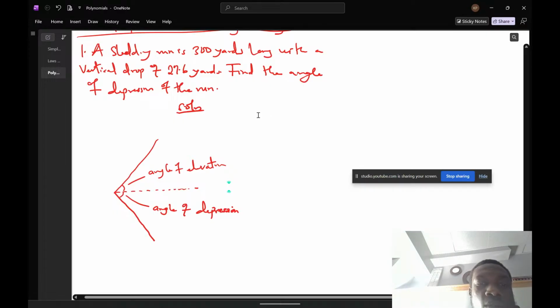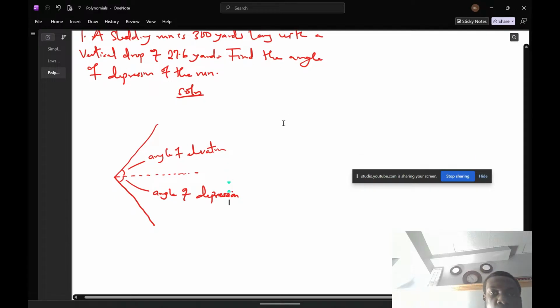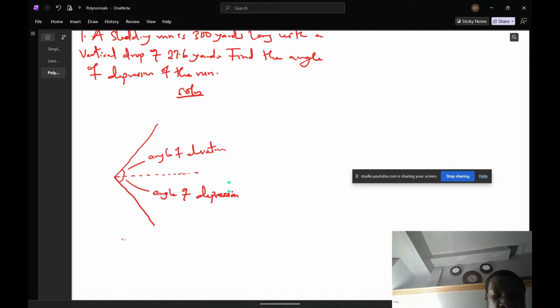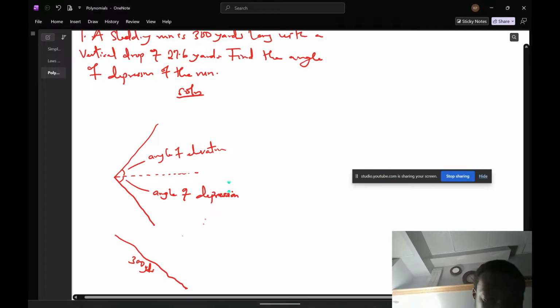So a sledding run is 300 yards long. Okay. So the sled is always slopey. So let's say that this is the sledding run, 300 yards long with a vertical drop of 27.6 yards. If it's a vertical drop, it has to be like this, 27.6 yards.